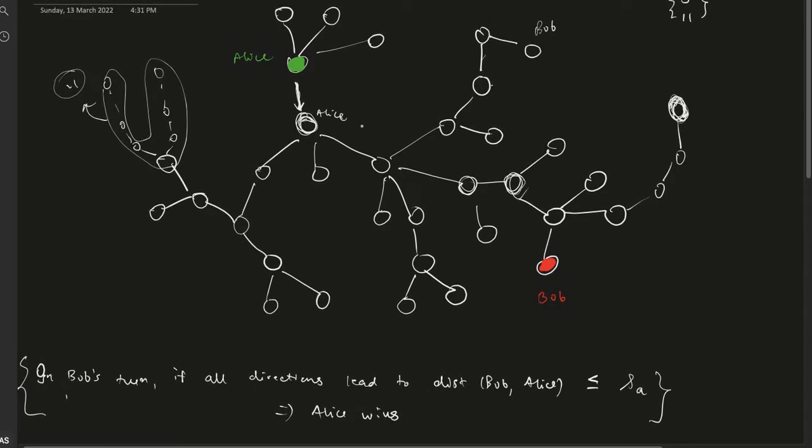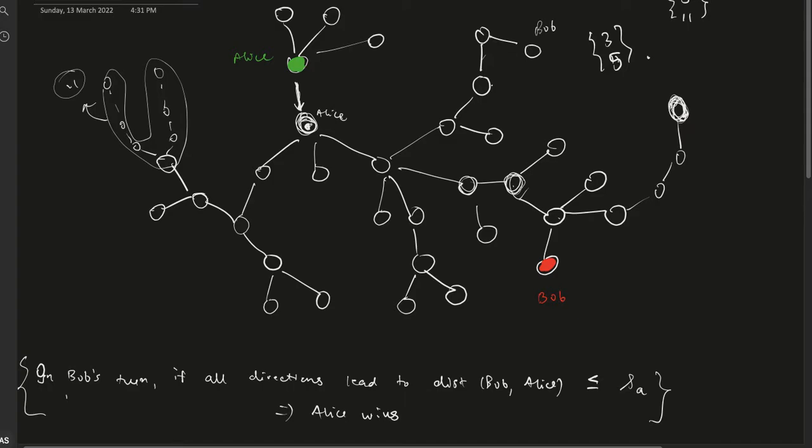One observation is that, let's say Alice had a stride 3 and Bob had a stride 5. Bob has a stride 5, right? 1 2 3 4 5.